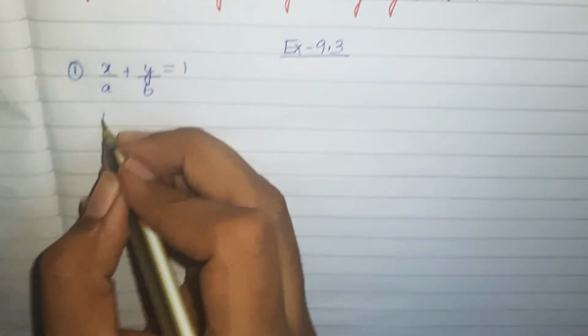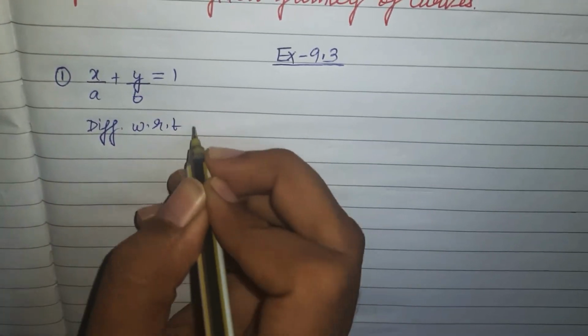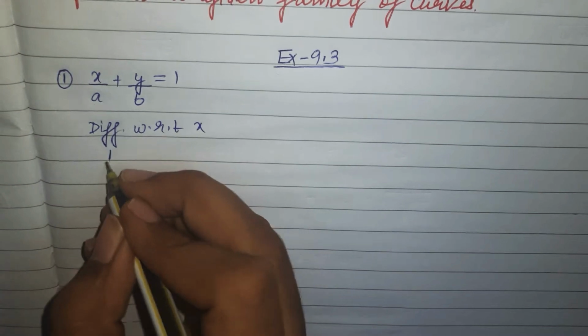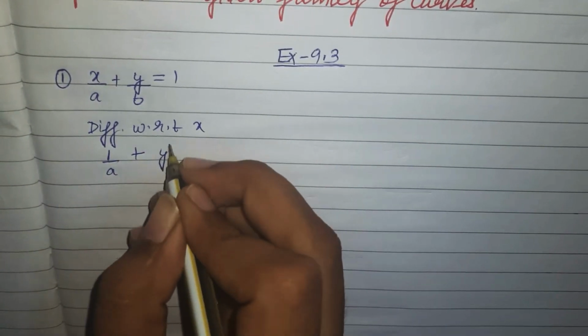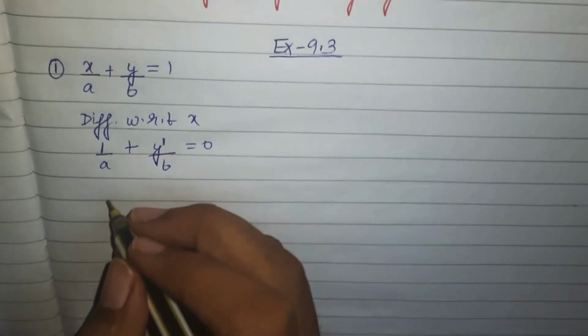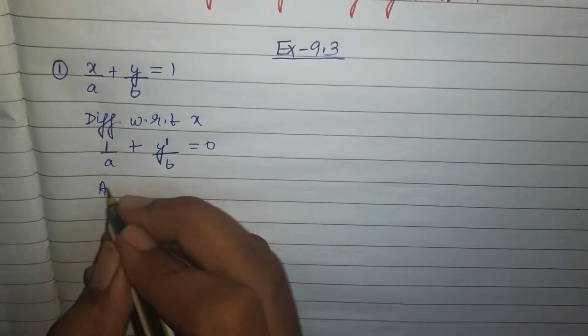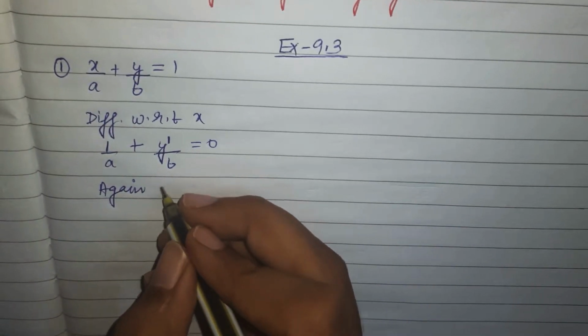Now let's see. Differentiate with respect to x. So what you are getting? x upon a is 1 upon a, this is 1 upon b, y, differentiation of y is y dash, equal to 0. Again differentiate, because I am having two constants, so we can do the differentiation twice.